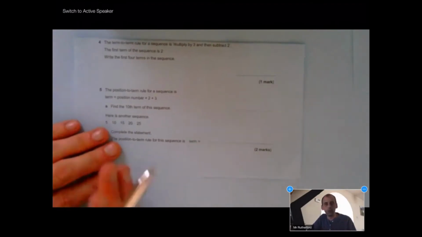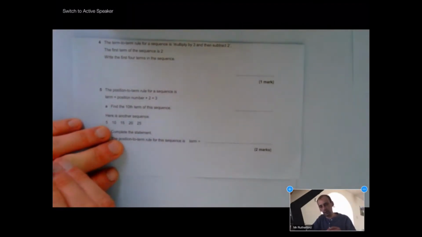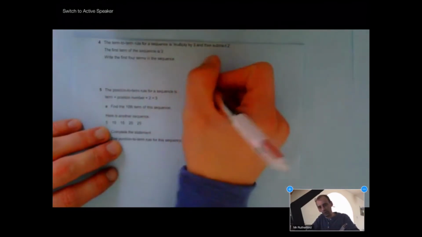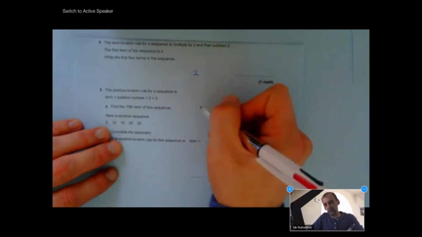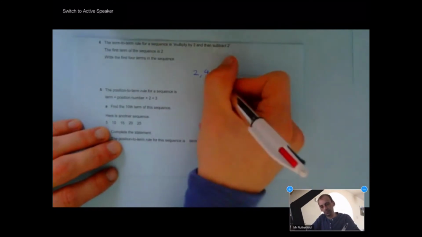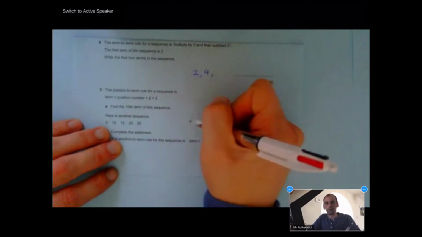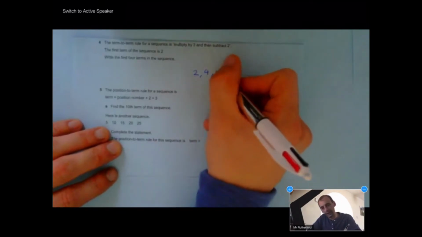So question 4. The term-to-term rule for a sequence is multiply by 3 and then subtract 2. That means to get from one term to the next, we multiply by 3 and then subtract 2. So if the first term in the sequence is 2, 2 times 3 is 6, subtract 2 is 4. 4 times 3 is 12, subtract 2 is 10.